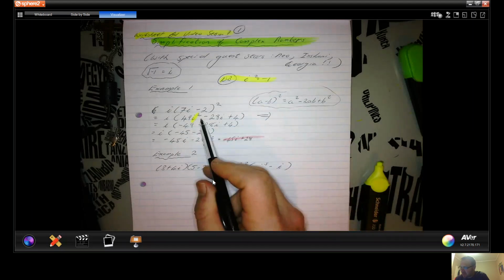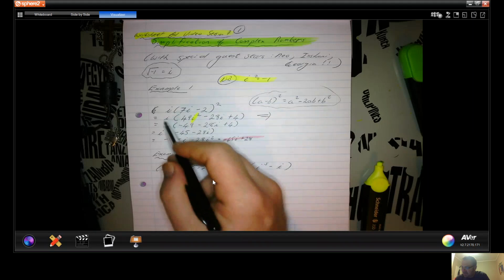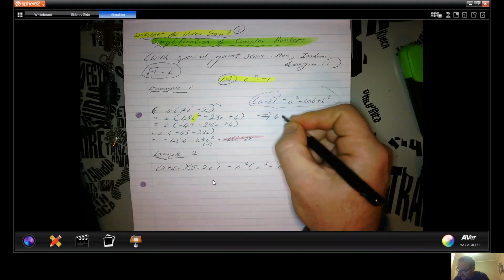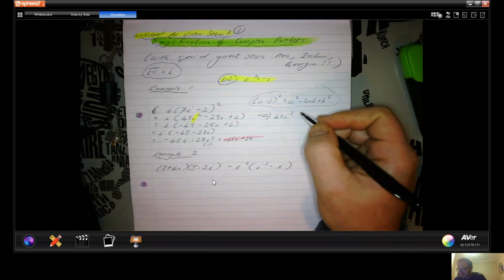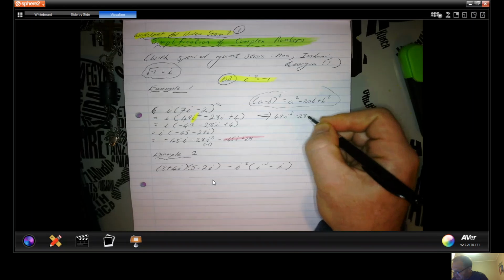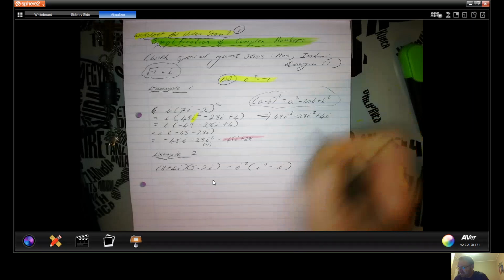The alternate way you could have done the sum, instead of simplifying the bracket first, is to multiply the i into the bracket. I would suspect this is going to be a little bit more complex. So I get 49i cubed, minus 28i squared, but let's just go with it, plus 4i.